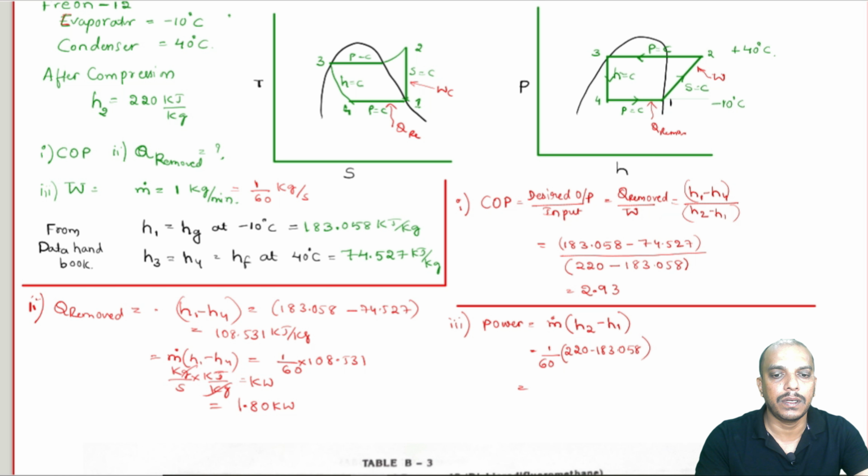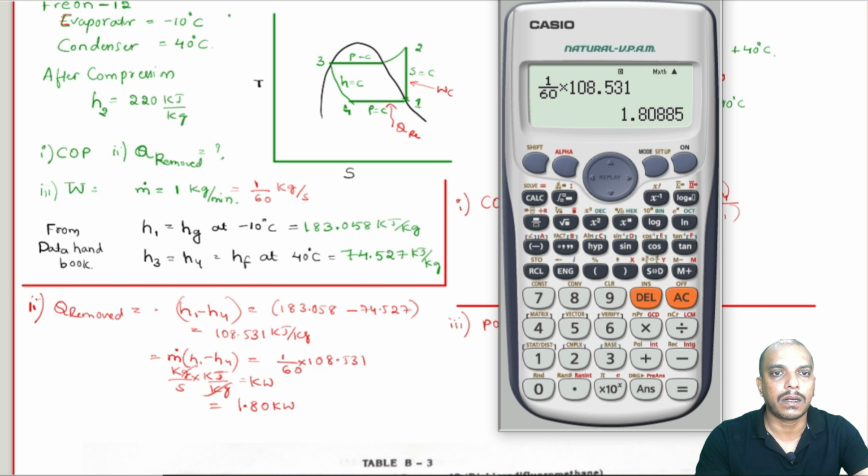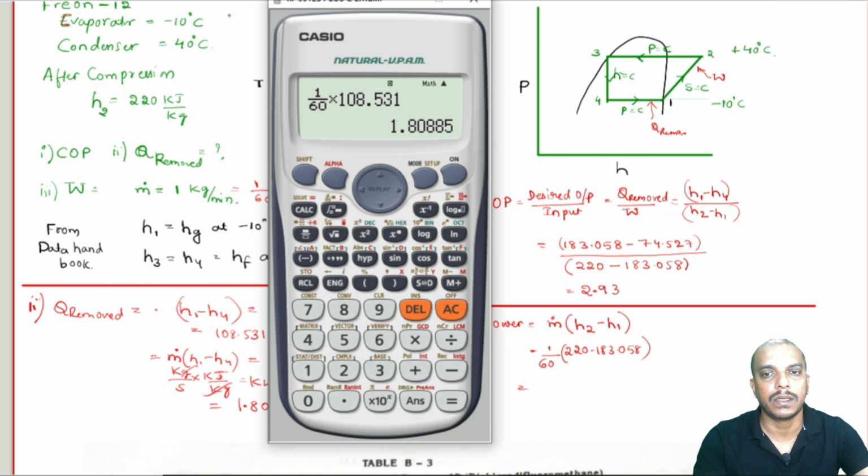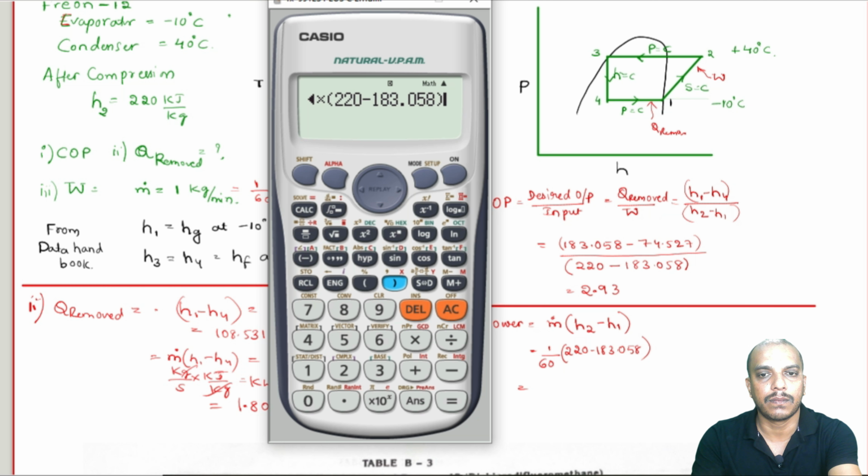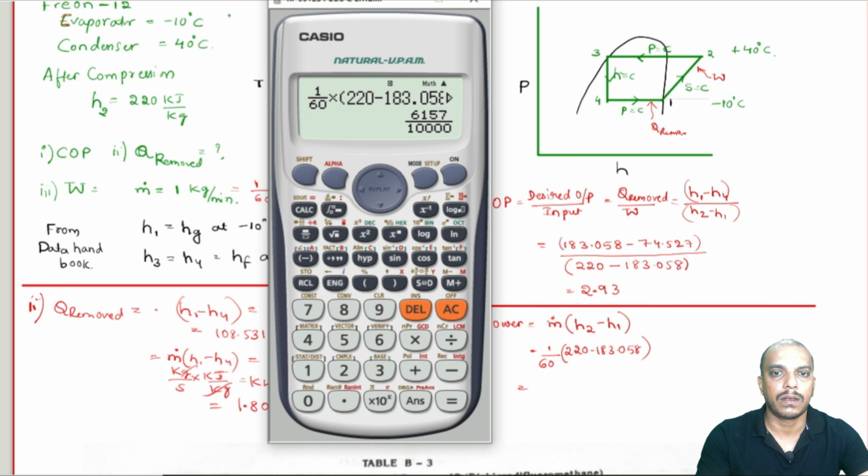That will give me the power or compressor work in kilowatt. 1 by 60 into 220 minus 183.058 gives 0.6157 kilowatt.